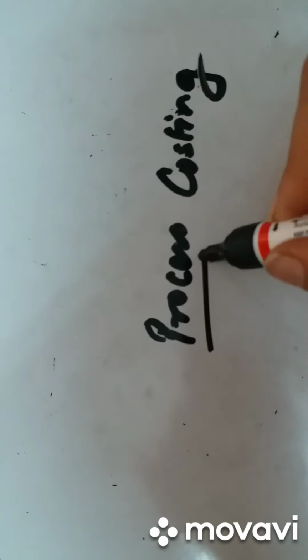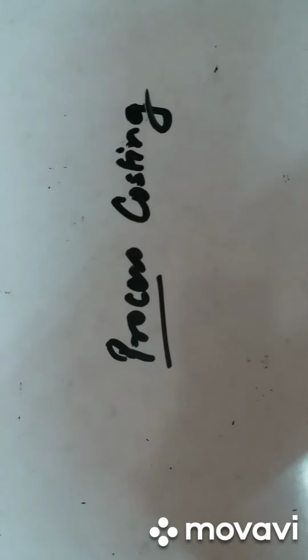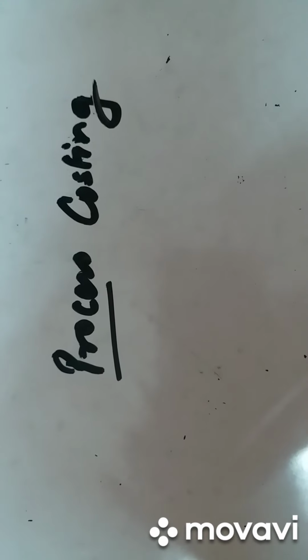So what do we mean by process costing? Process costing is where a certain sequence or certain steps of operations have to be performed on the raw material in order to convert it into a finished product.